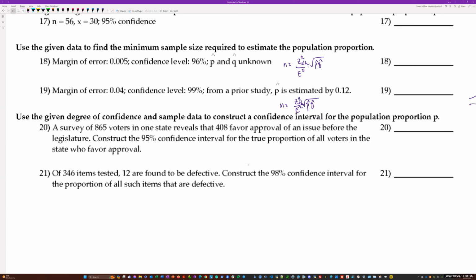So how do we find that? We talked about that before. Is that right? What is alpha in this case? If they say 99%, what is alpha? What did we say alpha was before?